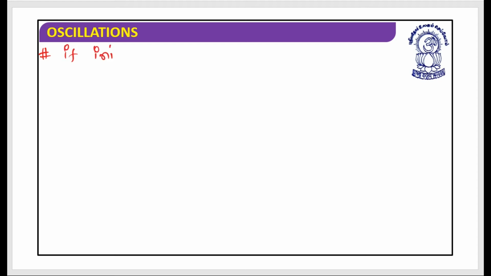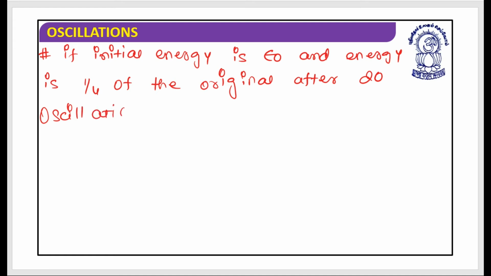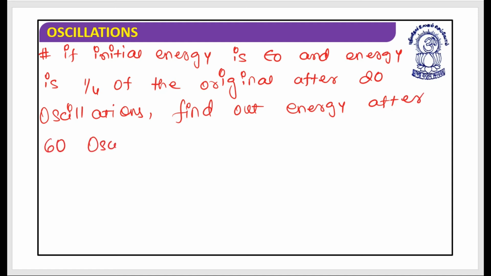If the initial energy is E naught, and the energy is 1/4 of the original after 20 oscillations, find out the energy after 60 oscillations.